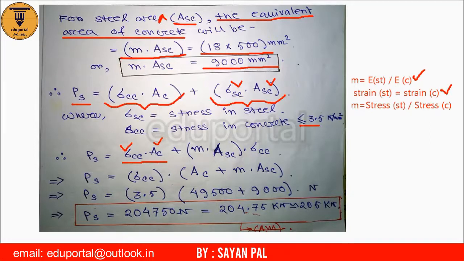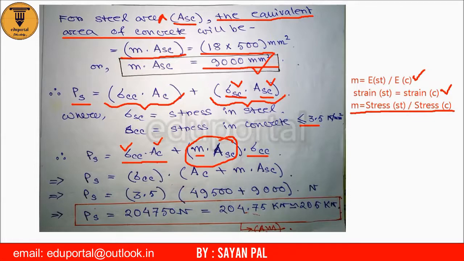So we can write M, the modular ratio, is equal to stress in steel by stress in concrete. So stress in steel, sigma SC, equals M into sigma CC. So putting M into sigma CC here, and ASC is here. Now this value of M into ASC is known to us, that is 9,000 mm square, so we will put it here.